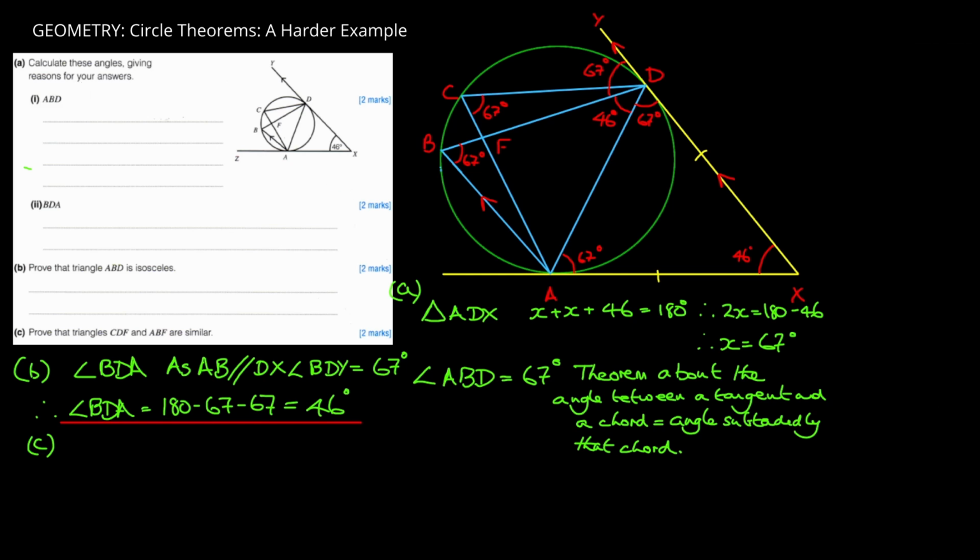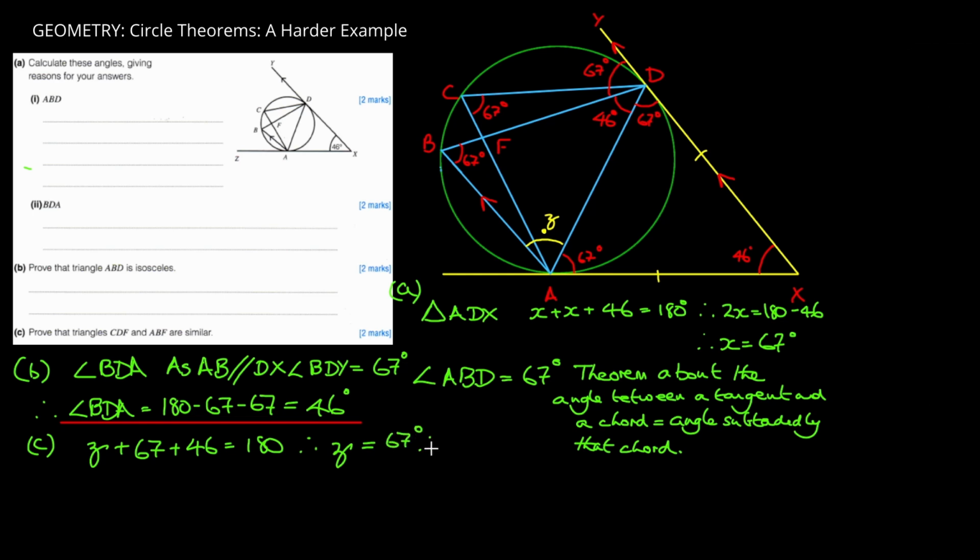So the angle they want us to find is this angle here now. Let's give it a very temporary name of z. So I can say that z plus 67 plus 46 must equal 180. And it turns out that if you work that out, z must equal 67 degrees.